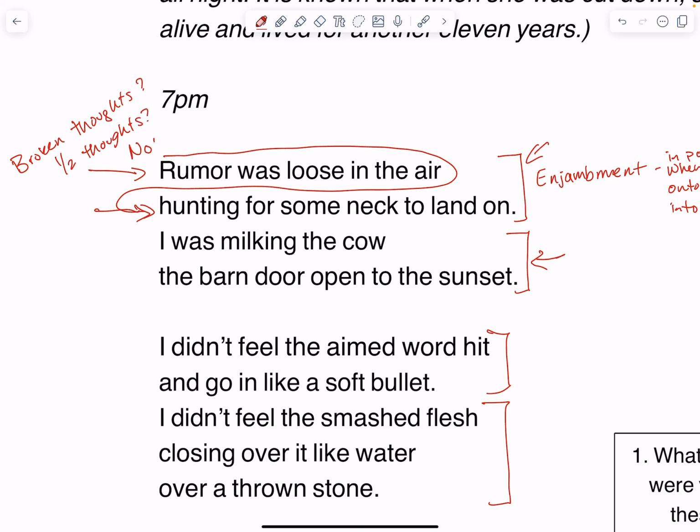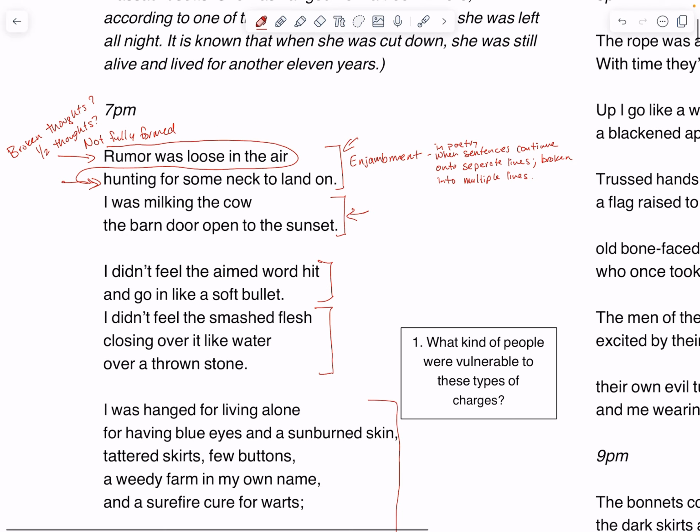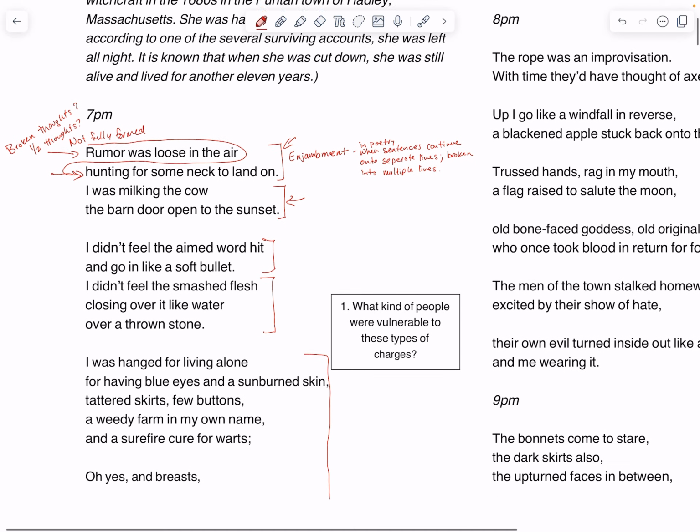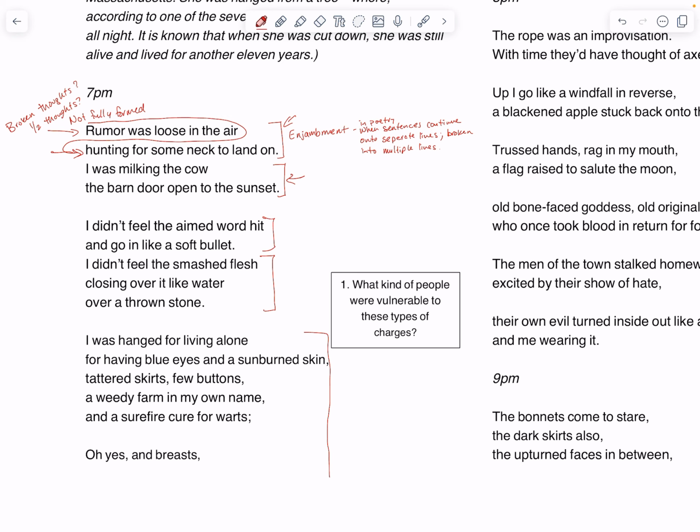not fully formed, okay? So I want you to think about the situation that Mary is in in the 7 p.m. section, okay? She says she was milking the cow, the barn door open to the sunset, okay?